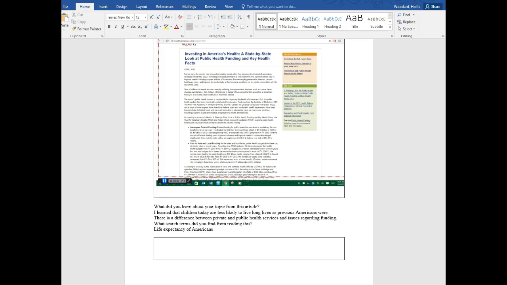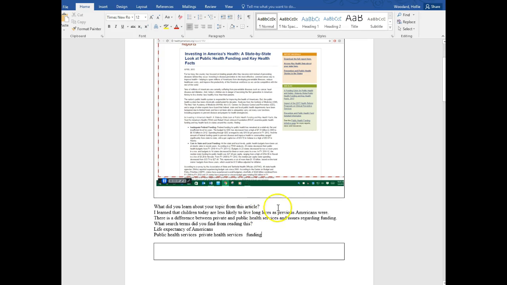If I can prove that Americans are living shorter lives than they did in the past, then that could definitely prove that health is not provided to all Americans. And also I want to look at public health services and possibly private health services, and maybe compare the two, and then funding. So these are all terms that I would look into when I go to the database.